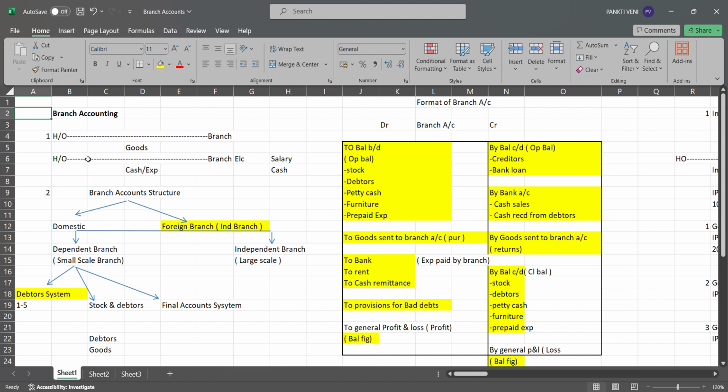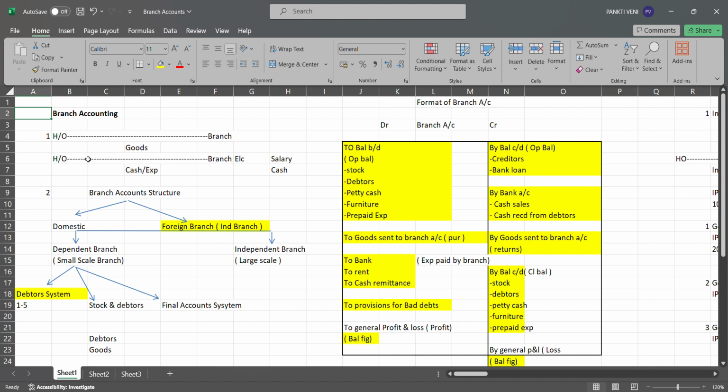First, goods are sent. Second, cash is given as reimbursement. Whatever expenses are conducted by the branch, it will give an expense sheet: these are my cash expenses for performing the sales related to this many goods. So the head office will reimburse.